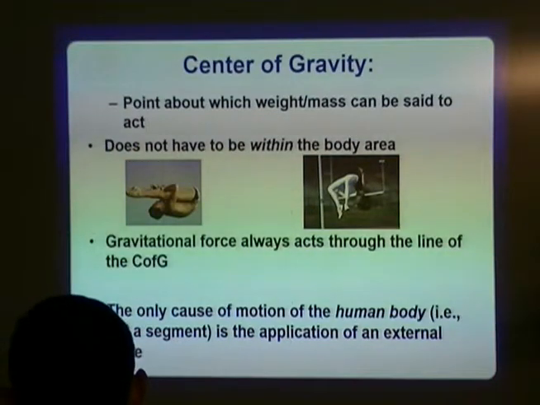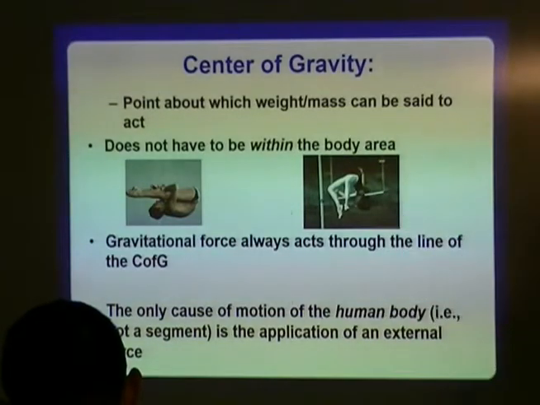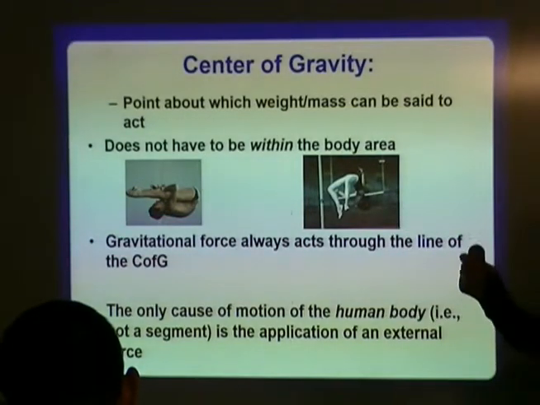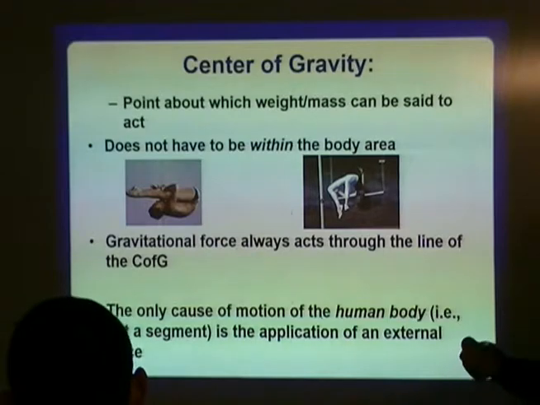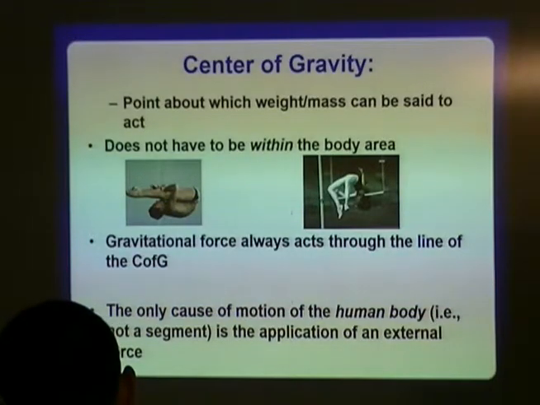If we were doing a more advanced level of biomechanics, actually every segment of your body has its own center of gravity. So your humerus, a finger, part of your leg, they've all got their own center of mass or center of gravity.